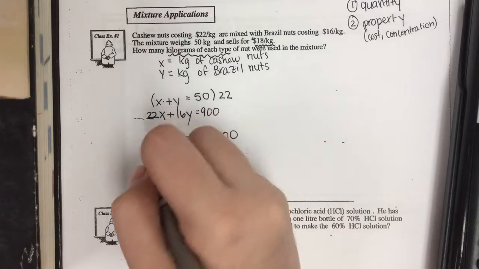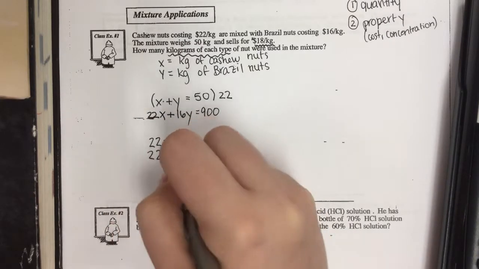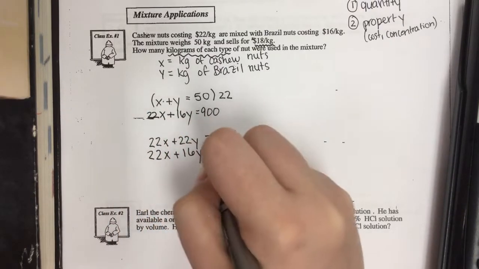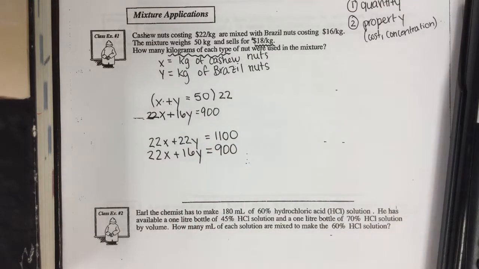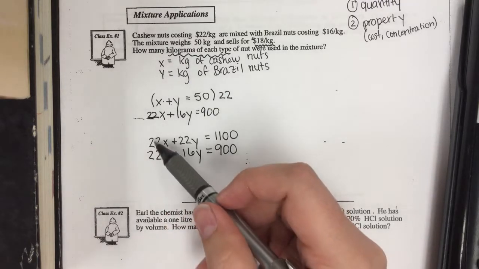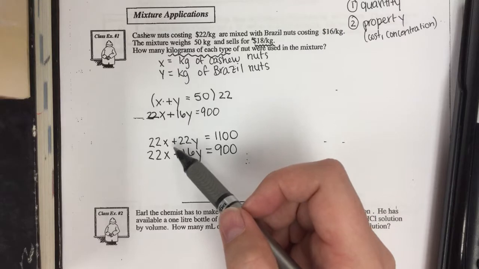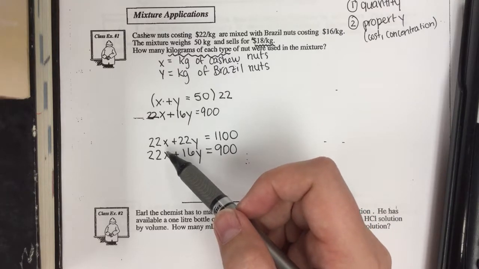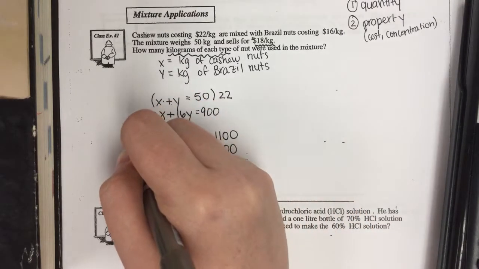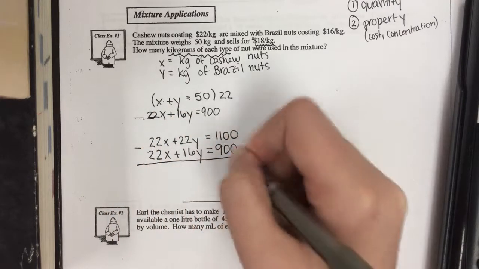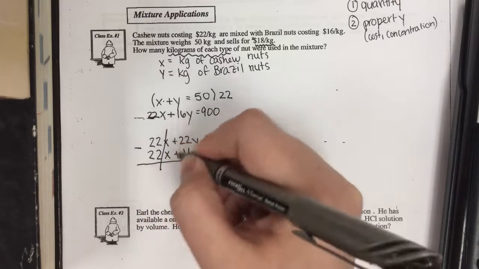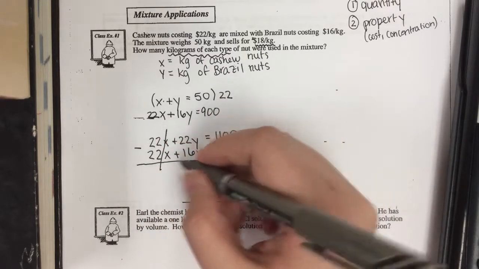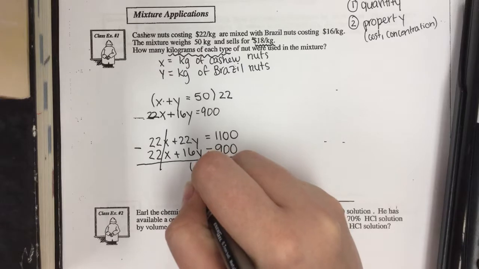I'm going to rewrite my second equation below it so that it's all lined up nice: numbers lined up, y's lined up, equal signs, and that is equal to 900. In elimination, you have to add or subtract these equations so that one variable is eliminated. If I subtract, I can see that 22x minus 22x would go to 0, and x would be eliminated. So 22y minus 16y is what's left.